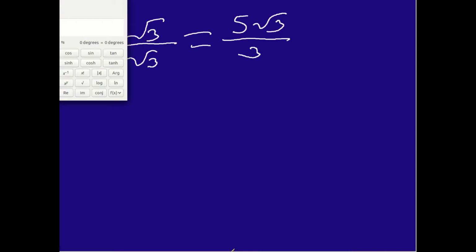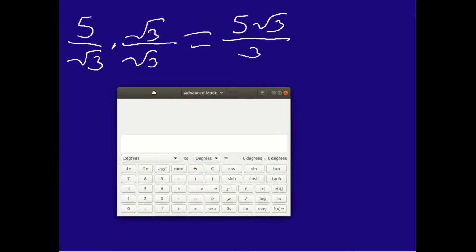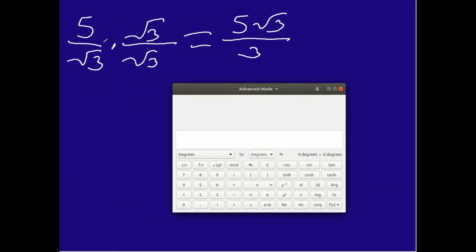Let me bring my calculator over here, and you can see as follows. Let me do the first example: 5 divided by the square root of 3, in parentheses. You can see we get 2.886.